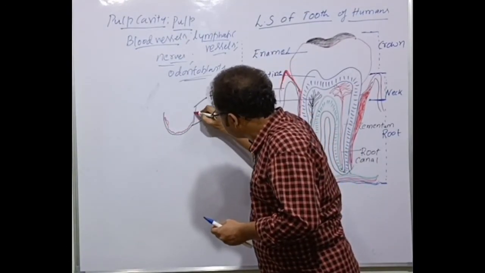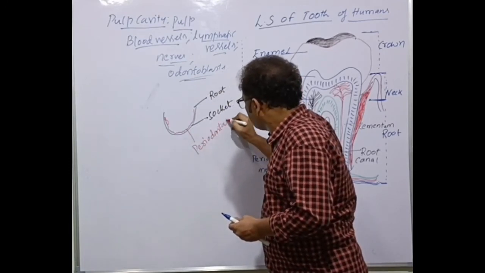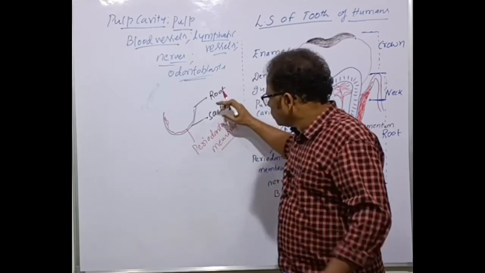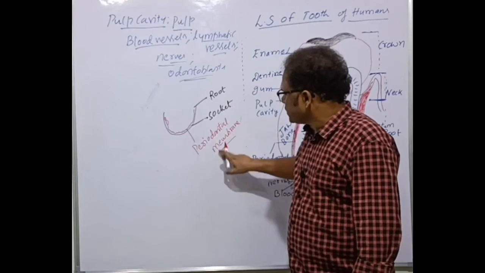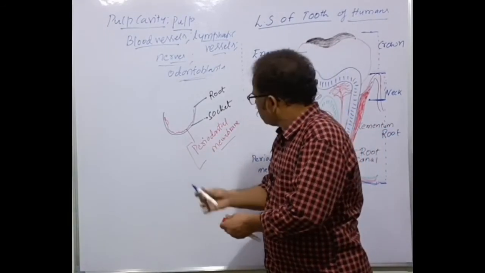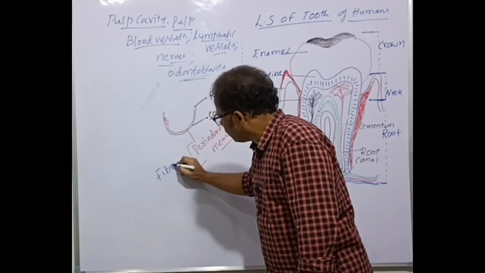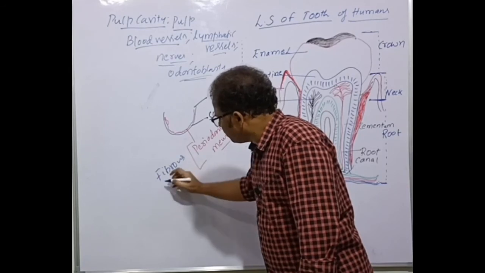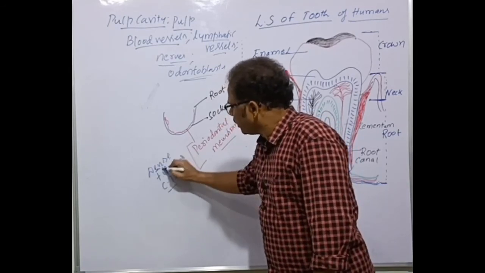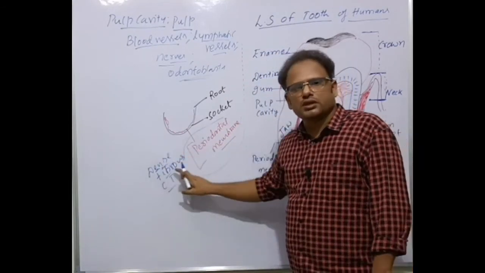The periodontal membrane is present in the socket and covers the socket. It is made of tough, dense fibrous connective tissue.